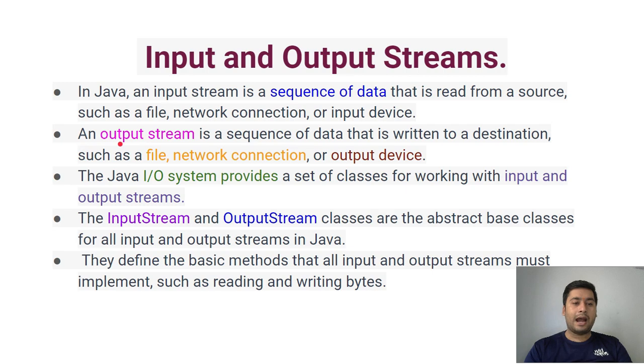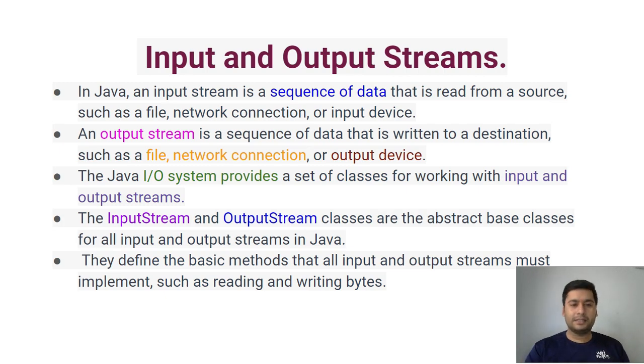An output stream is a sequence of data that is written to a destination. Input means taking data. Input stream means we are getting data from other websites or other files into our application. Output stream means from our application we are writing some data to other places.